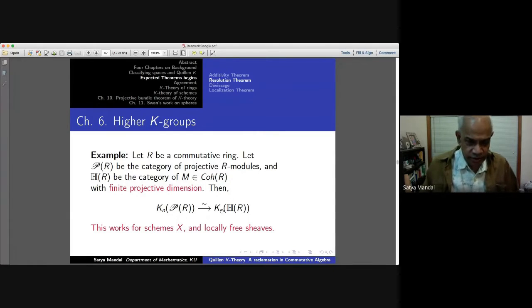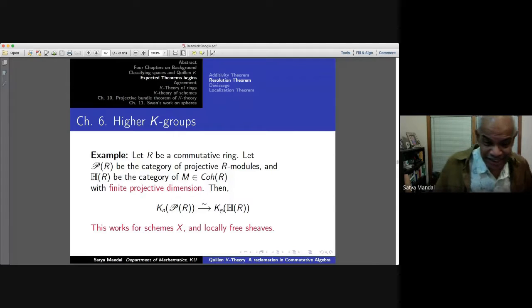So what's a good example? The example is, again, I'm thinking of projective modules over a ring, but I'm not thinking of the category of coherent modules. I am thinking of the subcategory of all modules which have finite projective dimension. These two agree.